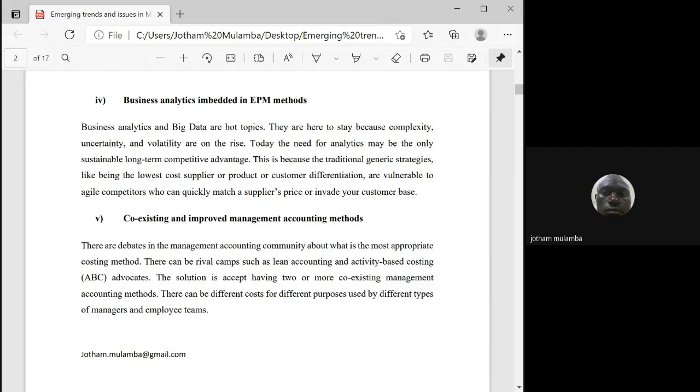Now, this data we can embed in our system so that we can tell the contribution of a particular employee, or a particular department, or a particular machine, or a particular branch towards the achievement of the whole organization, so that we don't get joyriders within the organization.